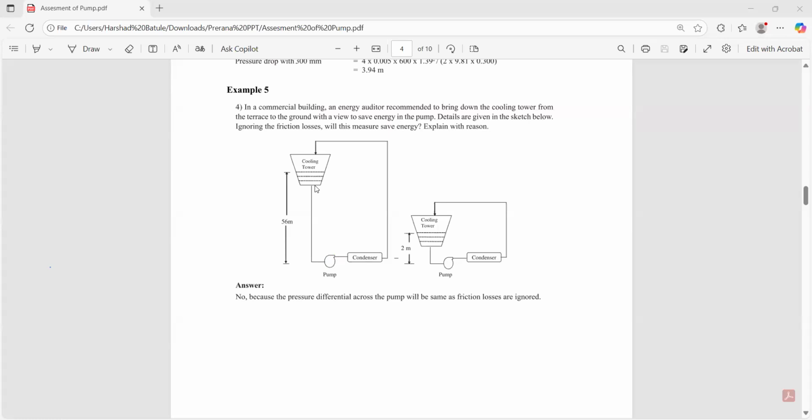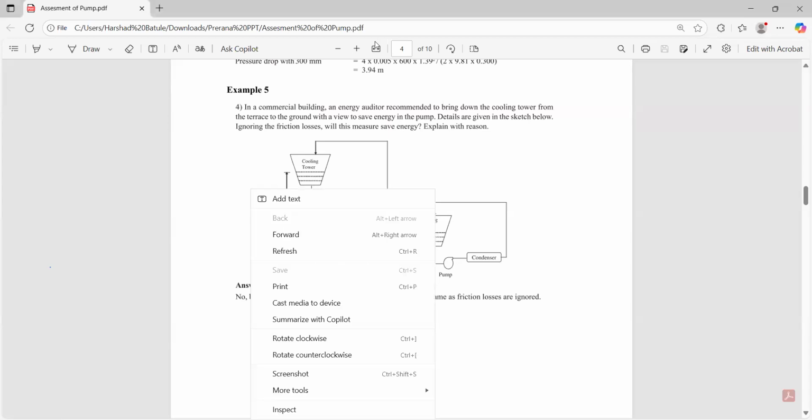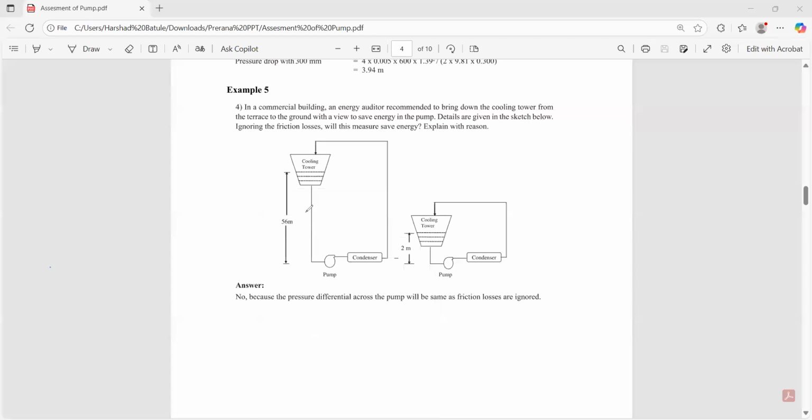In an open loop, if this circuit is not of a cooling tower but of your domestic pumping, your water is not coming back from here to the pump.